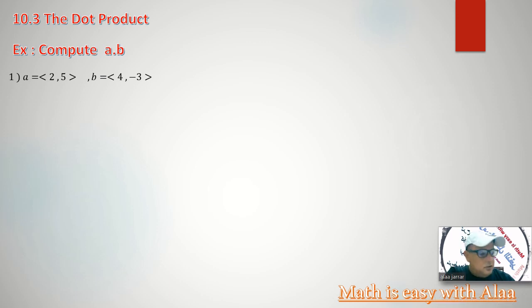We know that in two dimensions, if A equals (A1, A2) and B equals (B1, B2), then the dot product A dot B is a scalar and it's equal to A1 times B1 plus A2 times B2.